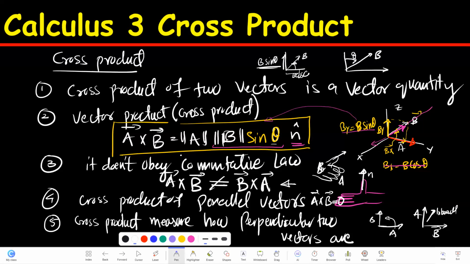If you want to use the formula I wrote here, you always have to make sure the angle is given from the x-axis or horizontal axis. Suppose in the second case I'm writing now, the angle is given from the y-axis. Here this component is B cos theta, and this component is B sin theta.